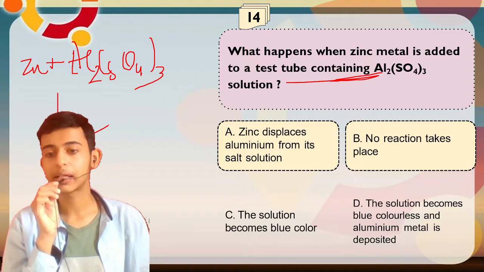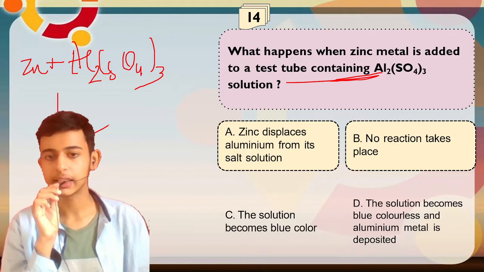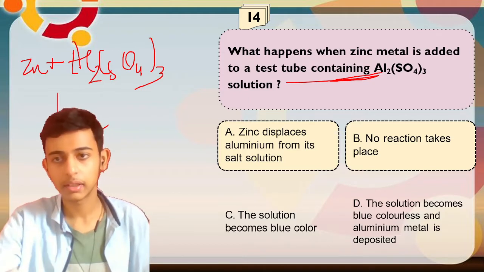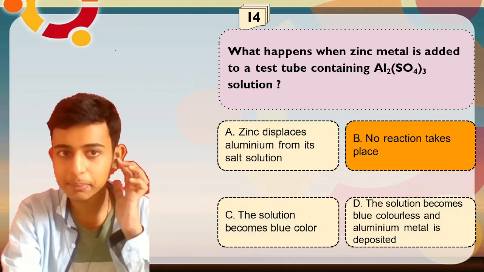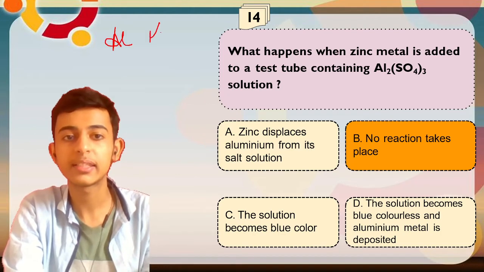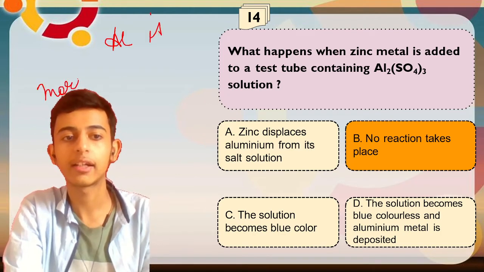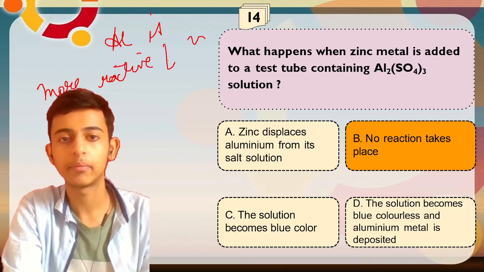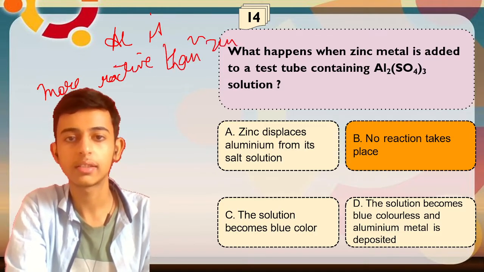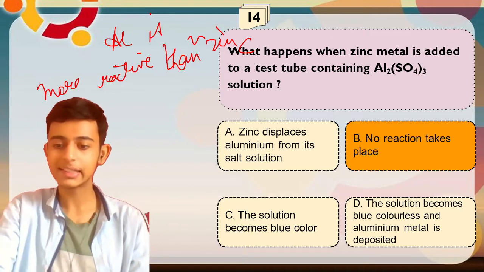The solution becomes colourless and aluminium metal is deposited. And your time's up. The answer is no reaction takes place because aluminium is more reactive than zinc. That's why no reaction will take place.